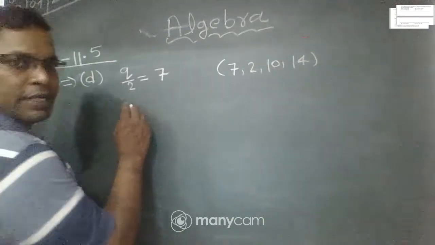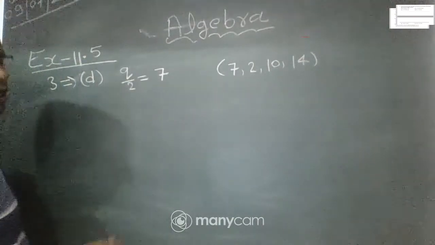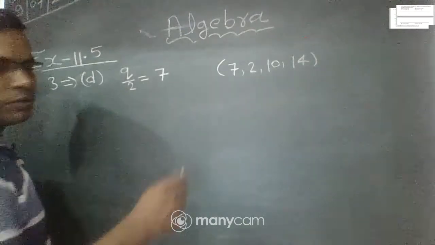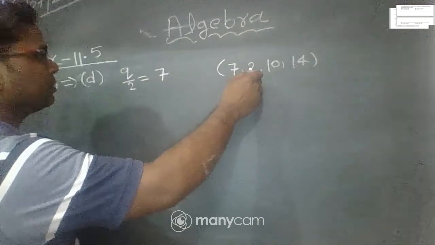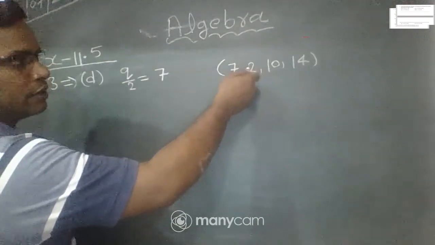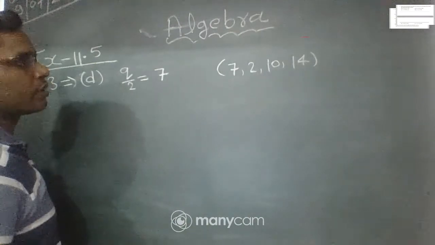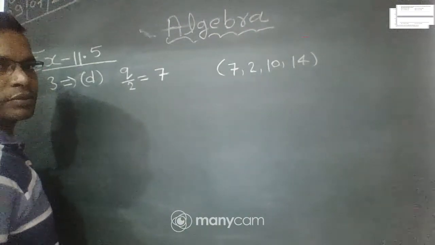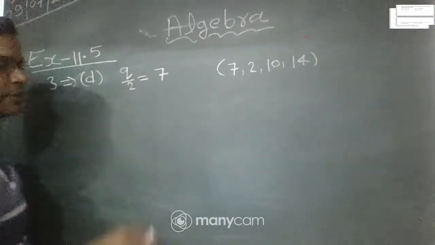This is part D of question 3. q by 2 is equal to 7, and all the possible values given for q are 7, 2, 10 and 14. For which value of q is it the solution of the given equation? So let's see how to solve it.